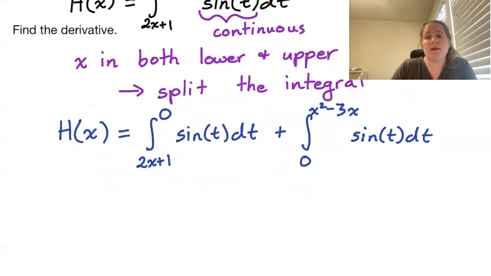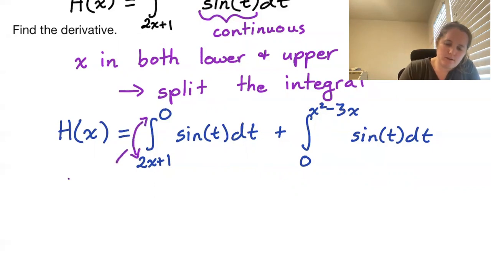And in fact, you don't have to split at a value between the bounds, as long as the function is continuous the whole way. So in this case, what we can then do is go ahead and reverse the bounds of this first one and make it negative.